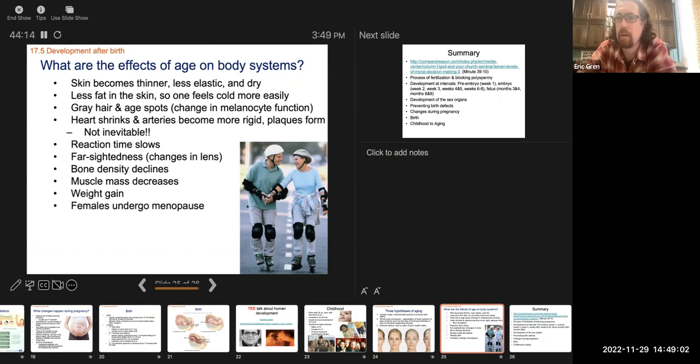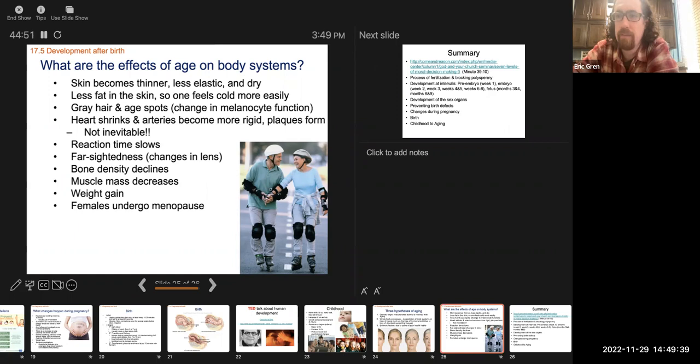If you've worked in a nursing home or been around your grandparents, you might have noticed that if an older person even brushes their arm against the doorway they're passing through, it doesn't take much to rip open their skin and have pretty significant bleeding from something that definitely wouldn't have ripped open a younger person's skin, right? So the skin becomes thinner, less elastic, and more fragile as we age.